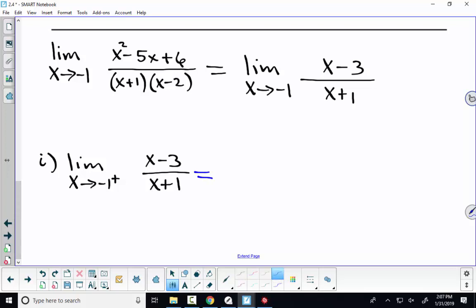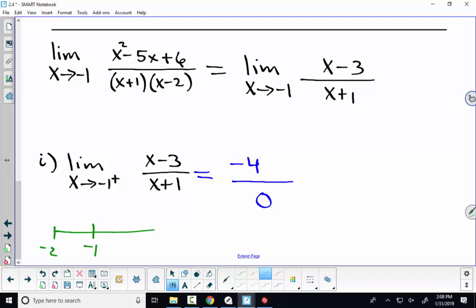As x approaches -1 from the right, the numerator approaches what? -4. The denominator, we know, is approaching 0. What values of 0 are we approaching through as x approaches -1 from the right? Positive? Do y'all agree with that?